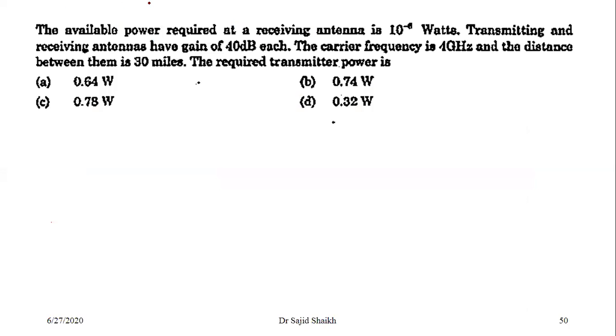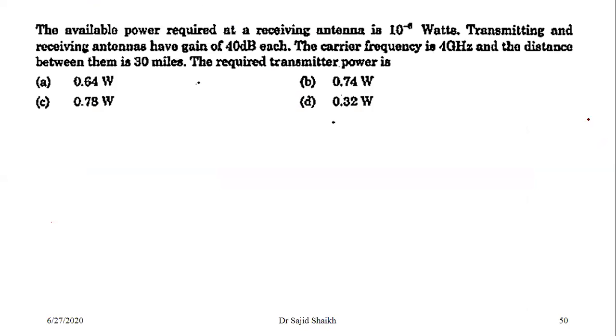In this, we have a transmitter antenna, a broadcasting station that transmits some amount of power. The receiver antenna receives some amount of power, but there is a difference between the transmitted power and received power, so some loss is there.